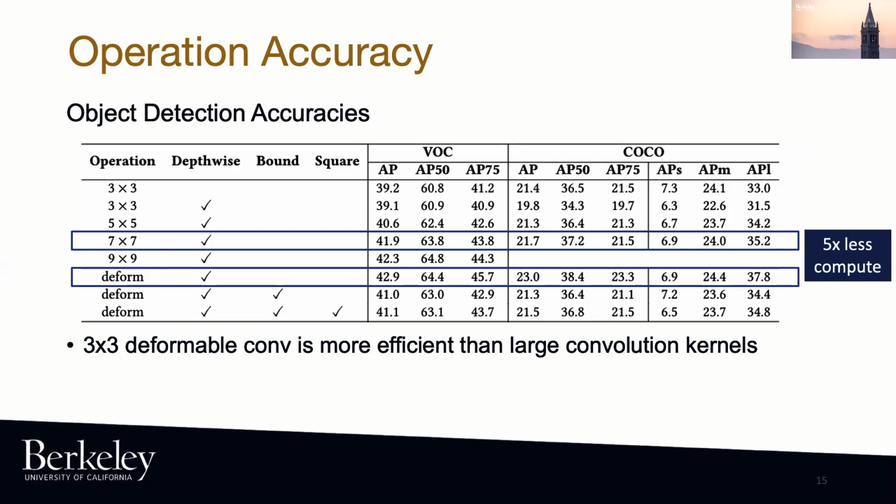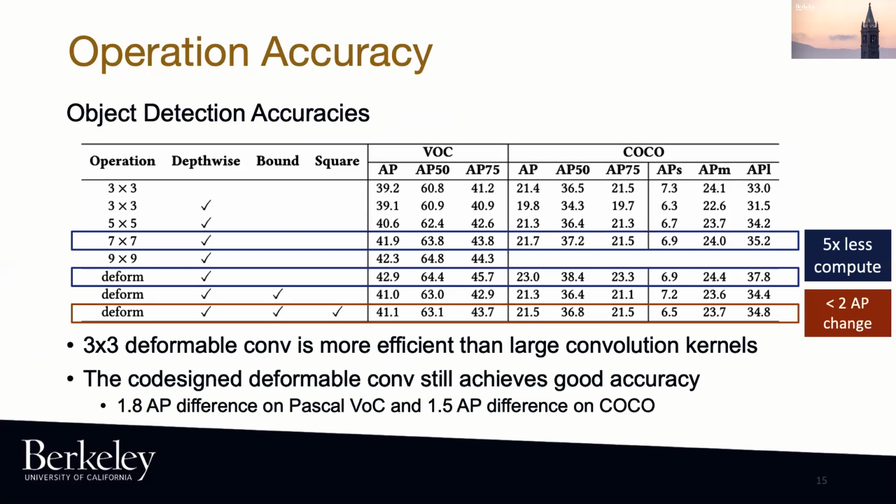For example, the original deformable convolution can achieve higher accuracy compared to a 7x7 convolution, but with 5 times less computation involved. Then we show that with our co-design operation, after performing a series of changes, we can still achieve good enough accuracy compared to the original deformable convolution.